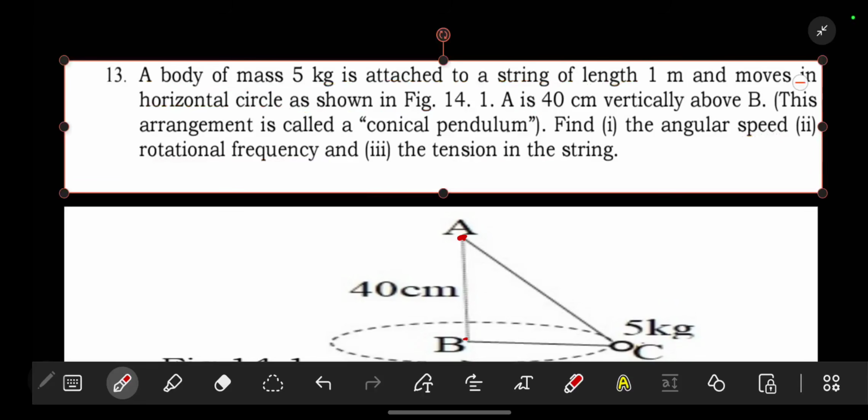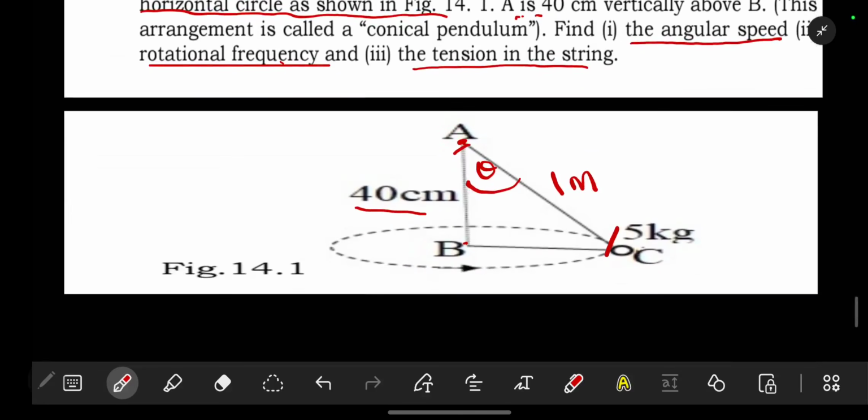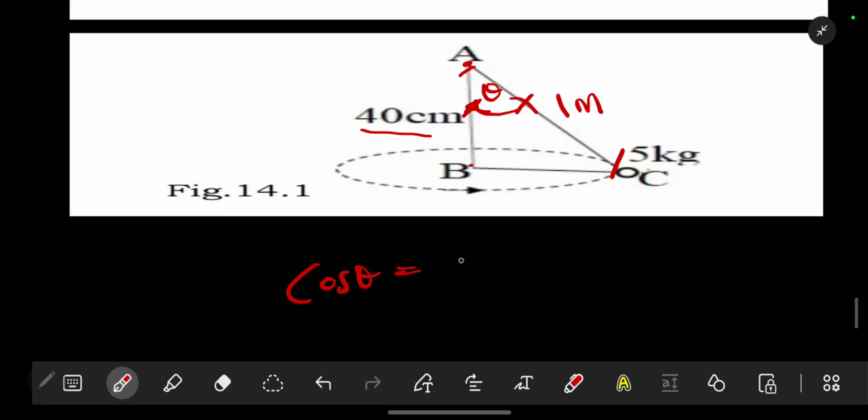So the first thing that we need to do is find the angle. So find this angle. Now they have already given you the 40 centimeters, and they have given you the length of the string, which is 1 meter. Since this angle is in contact with this 40 side, we can use cos, because cos of theta is equal to adjacent over hypotenuse.